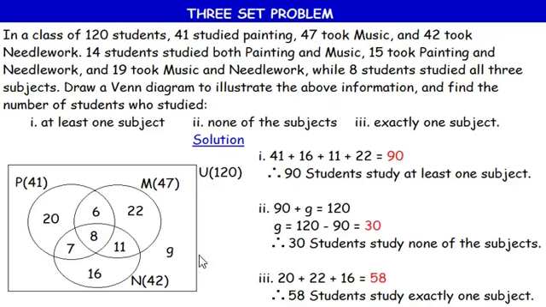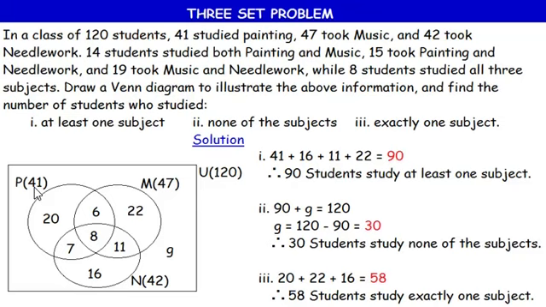Alright, so as usual we are going to denote our sets. We let U represent the students in the school, and the number of the universal set is 120. Here I didn't write it, but you have to write it in your books. And then we let P represent those who studied painting, and the number of those who studied painting is 41, right?